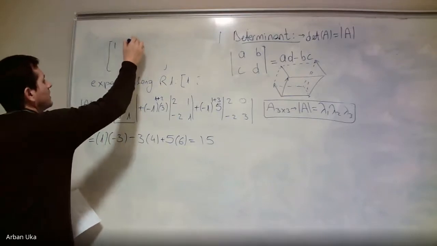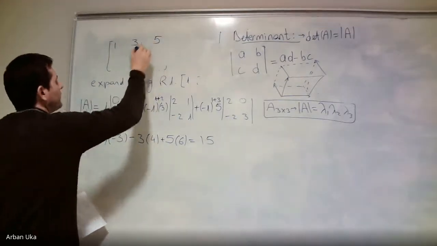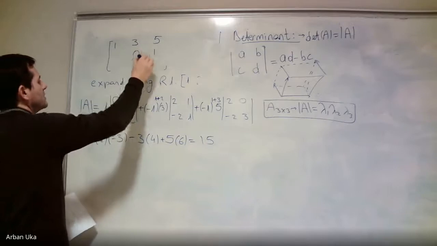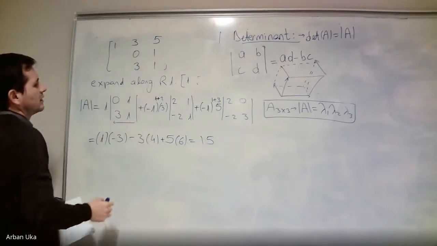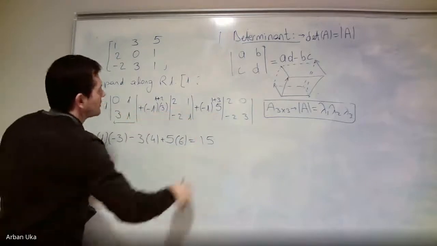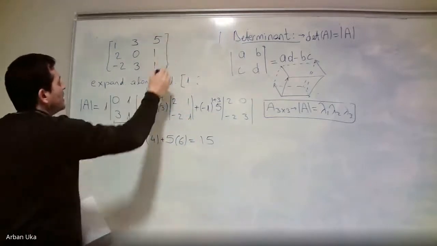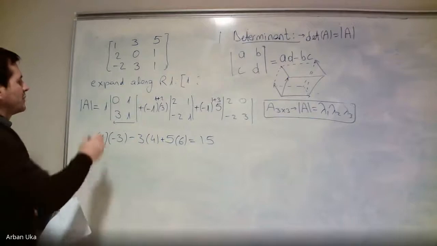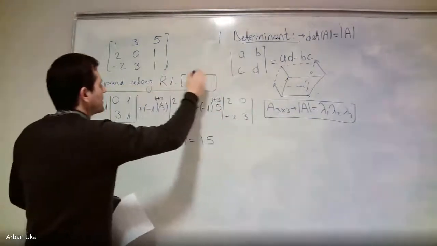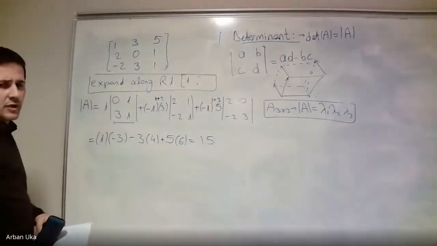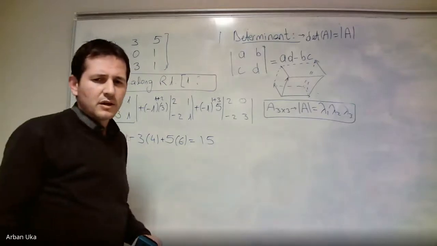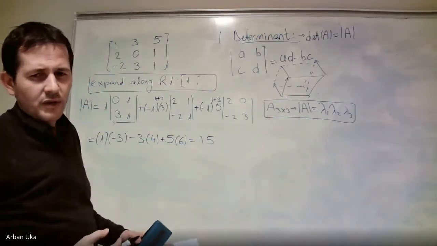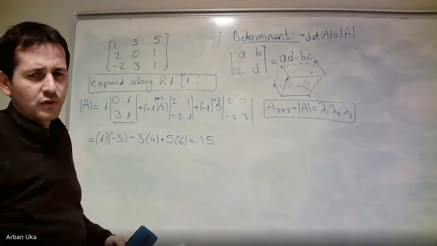This is 1, 3, 5, 0, 1, 3, 1, and then 5, this is 2, minus 2. Okay, I can read it from here. So, to find the determinant, we expanded along row 1, okay, that's good. We can find the determinant also if we expand along any other column or row. Which one would you like to expand over?